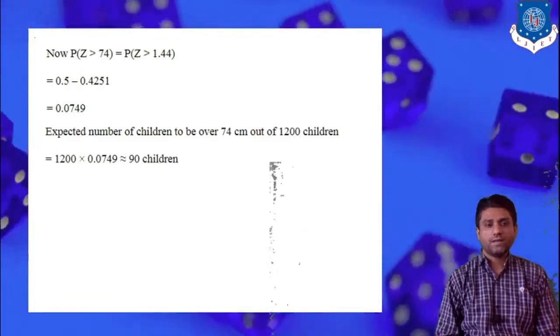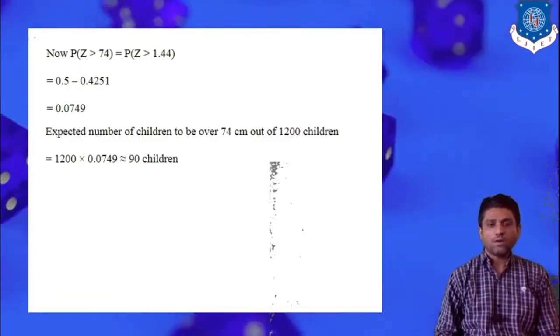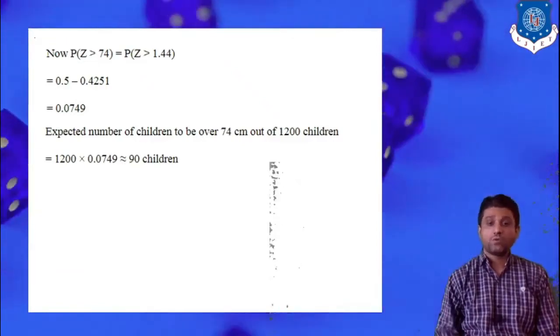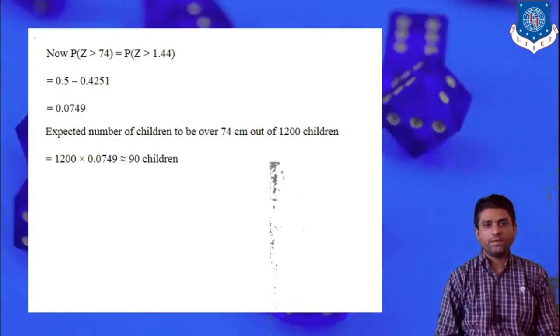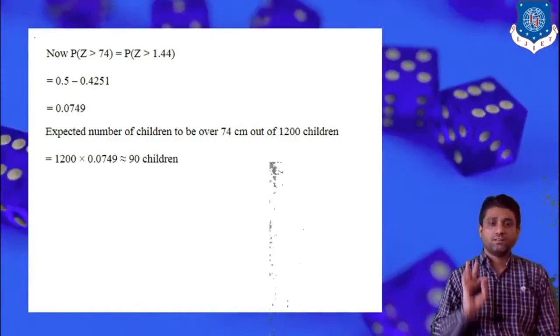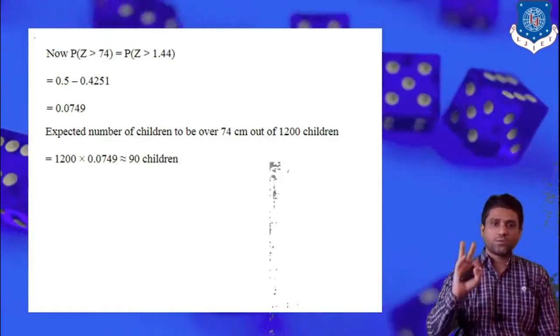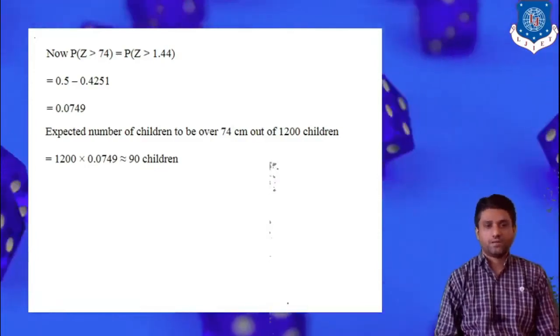So we can say that the expected number of children whose height is over 74 centimeters out of these 1200 children is 1200 into the probability, that is 0.07 approximately. So it leads to about 90 children out of these 1200 whose height is over 74 centimeters.